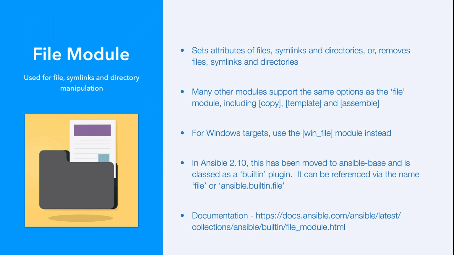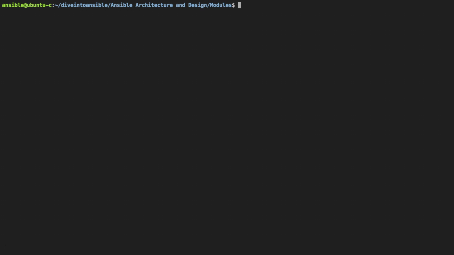If we take a look in our lab, and here we're going to run Ansible against all of our hosts, we're going to select the file module. We're going to pass in the arguments for a path of temp test and a state of touch.